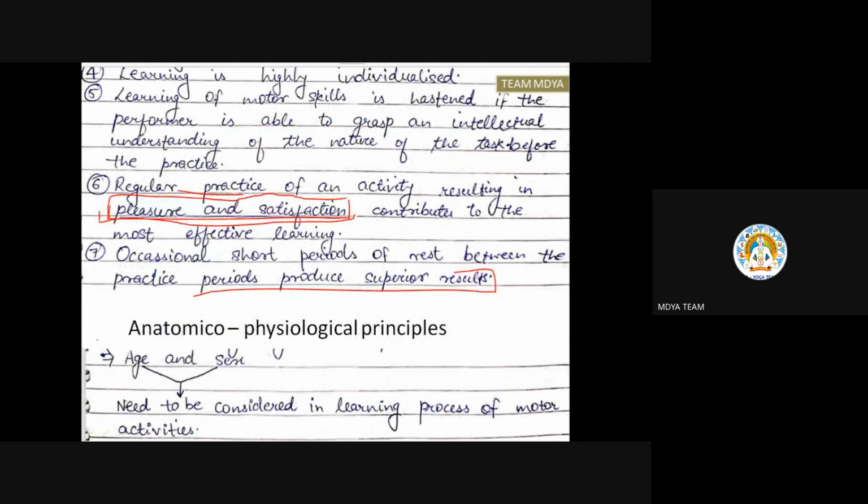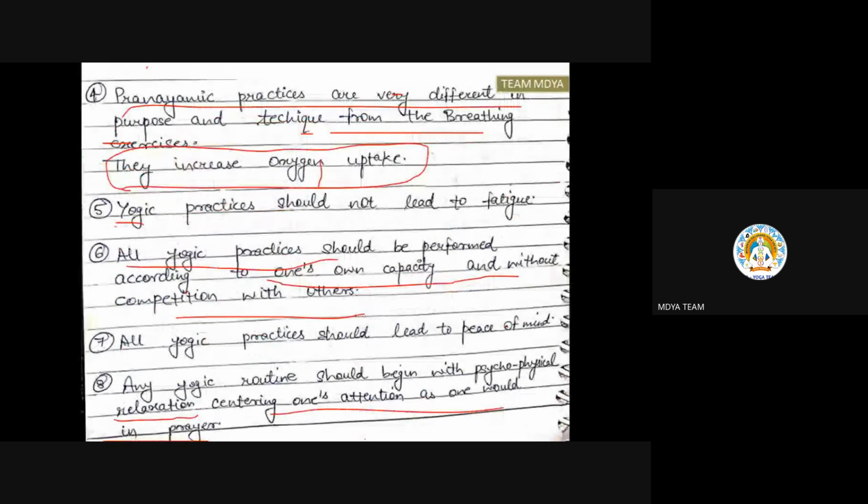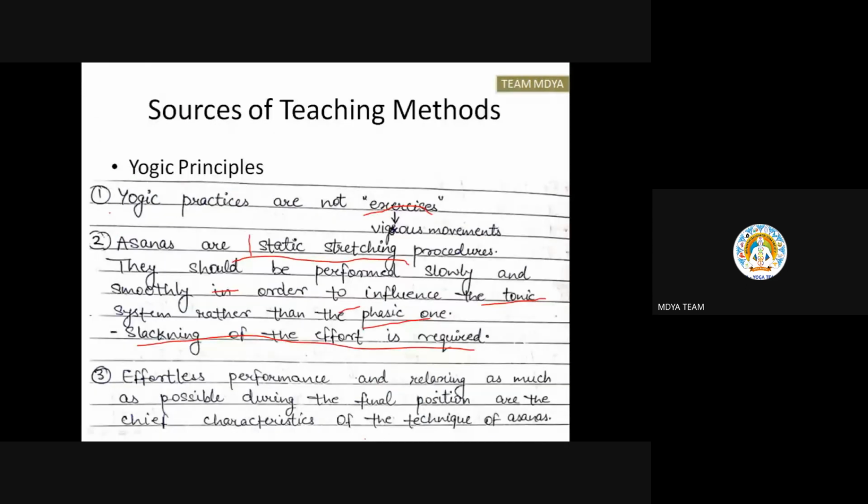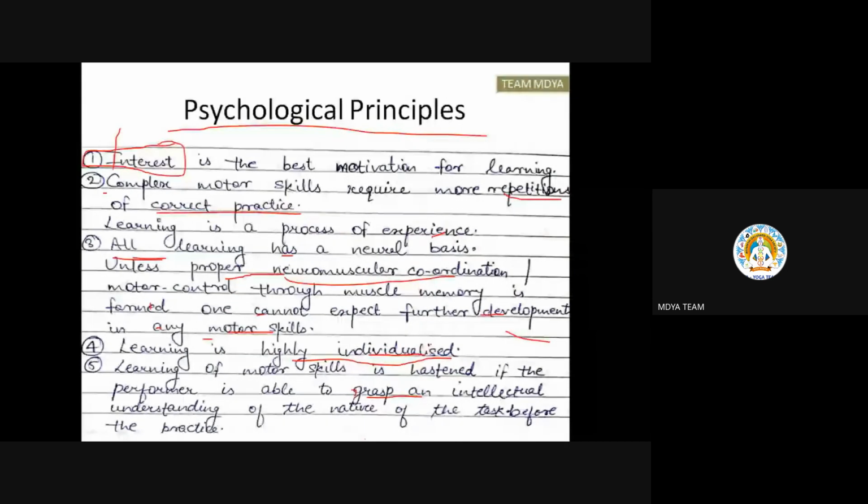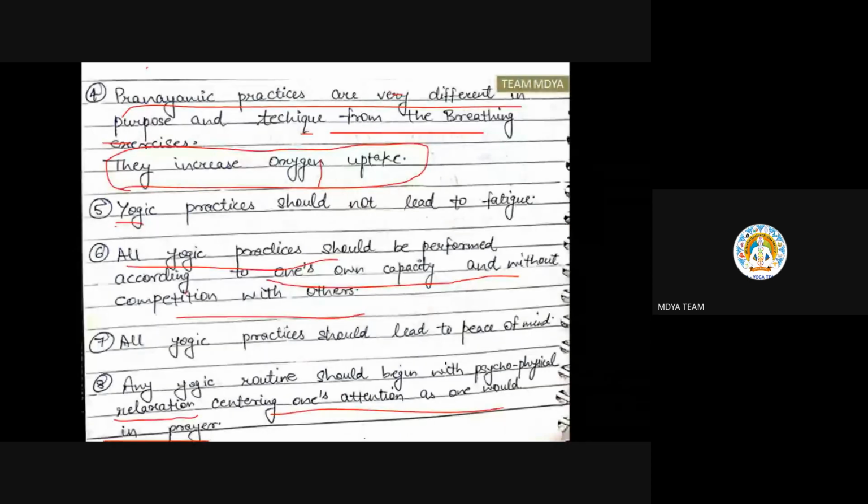Okay, let's move to anatomico physiological principles. Age and sex, these are the two factors that need to be considered in the learning process of motor activities. We have studied these two principles, yogic principle and psychological principle. Keep in mind which points are given in which principle.